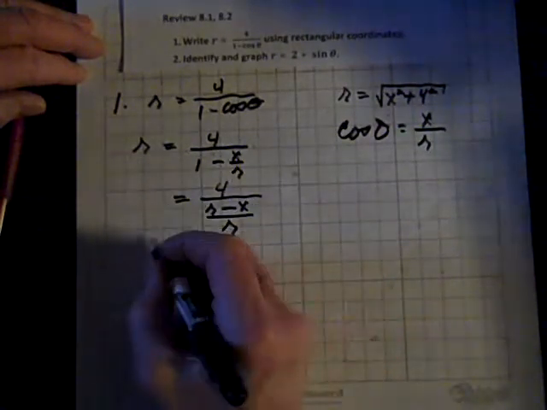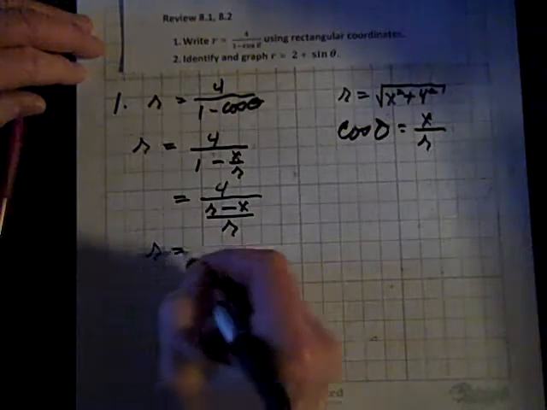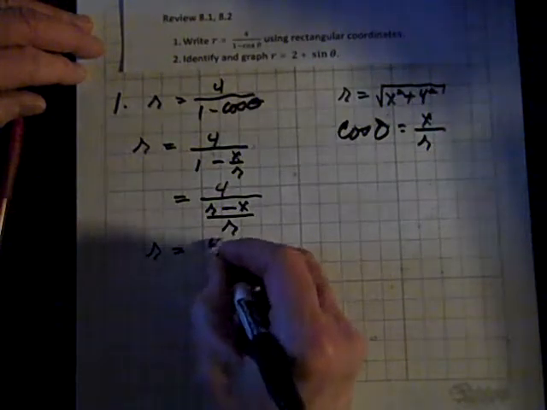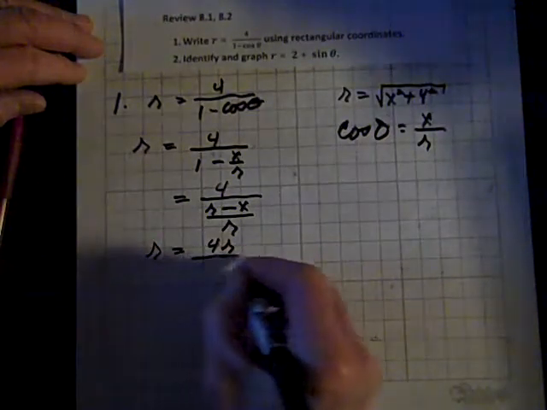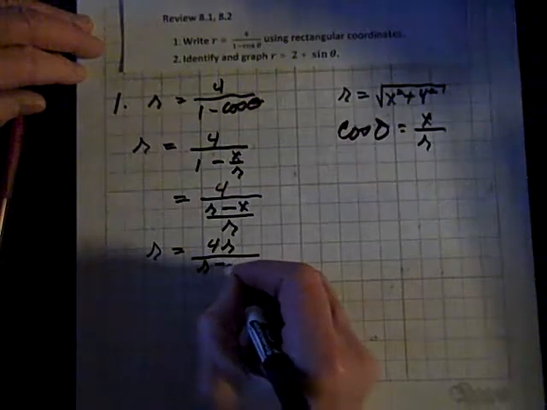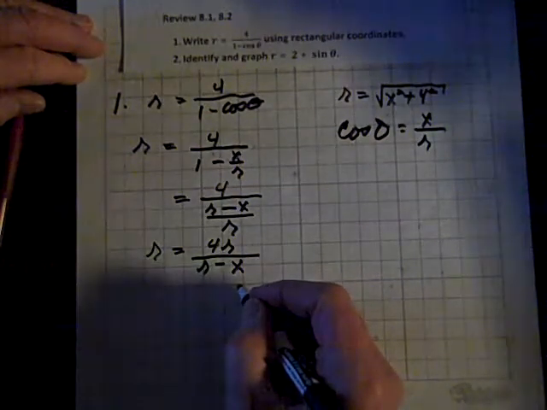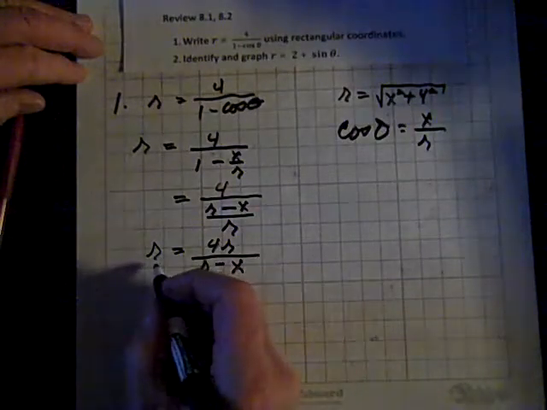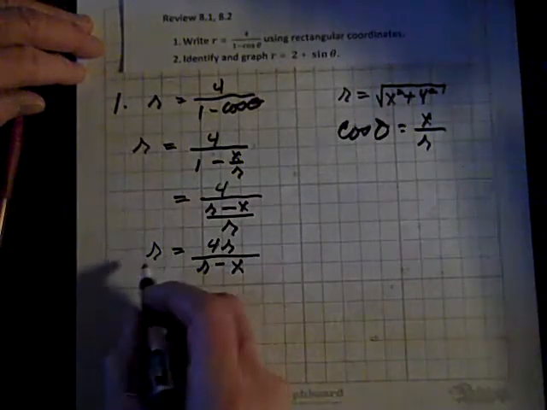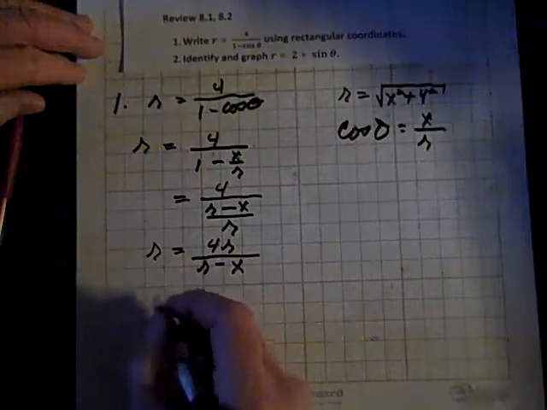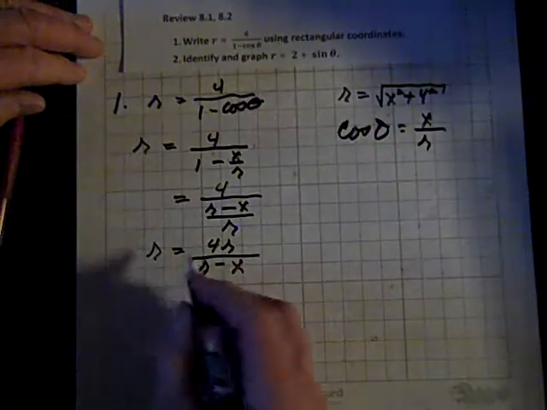So now we'll invert and multiply, and we have r equals 4r over r minus x. And now let's divide both sides by r, and the r's divide out here and here.